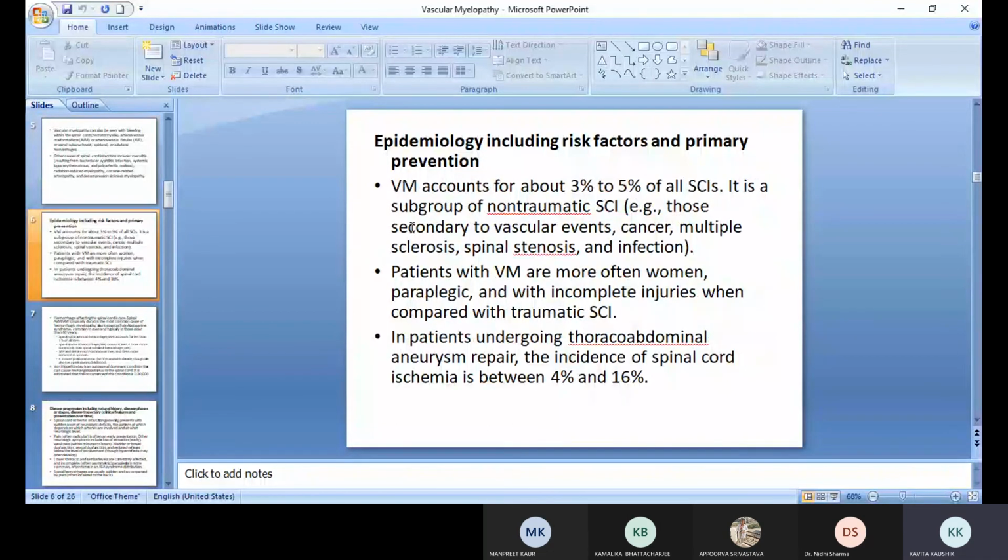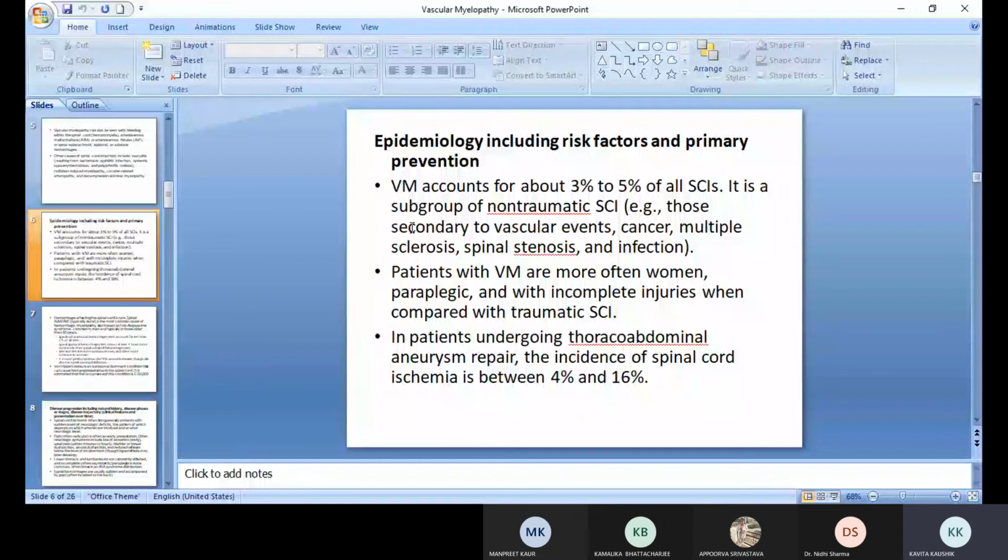Then risk factors of vascular myelopathy. It accounts for about 3 to 5% of all spinal cord injury cases. It is a subgroup of non-traumatic spinal cord injury, for example vascular event, cancer, multiple sclerosis, spinal stenosis, or any infection.